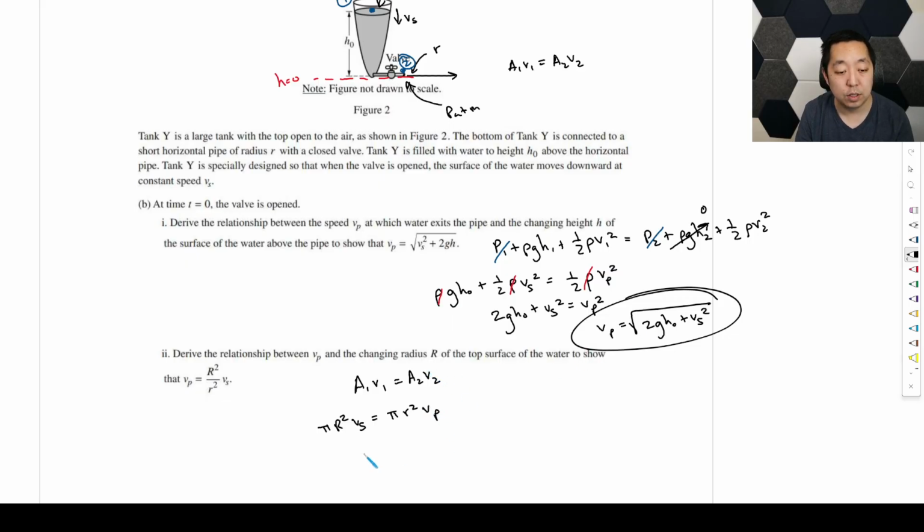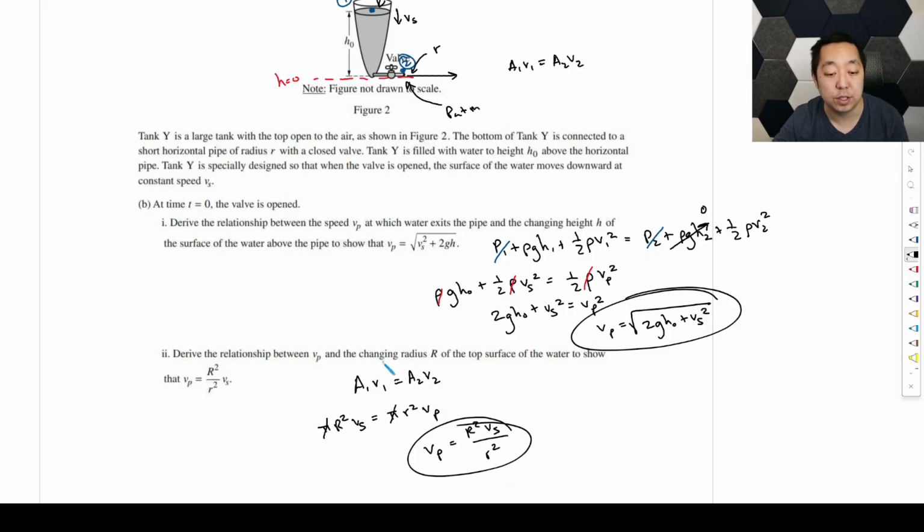So then the pi's cancel, and we just want to solve for Vp, actually. So Vp is going to be big R squared Vs over little r squared. And so we finished that derivation there.